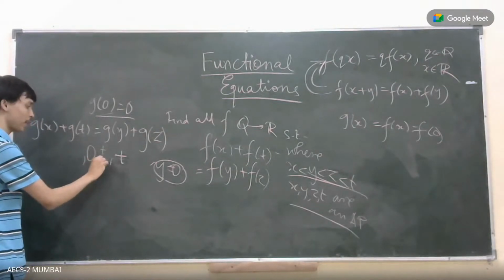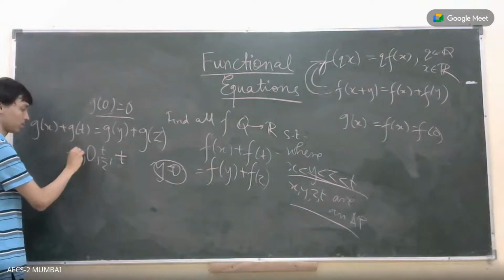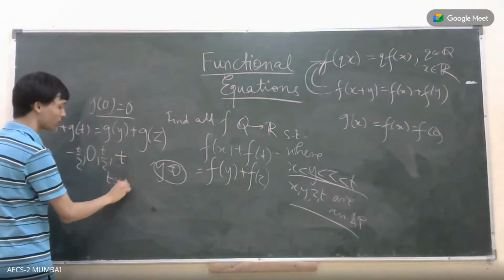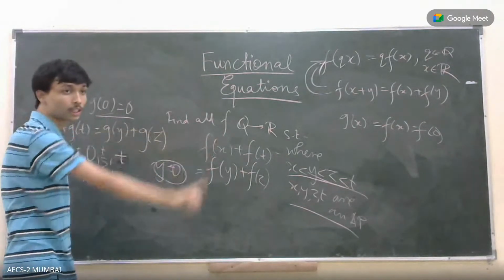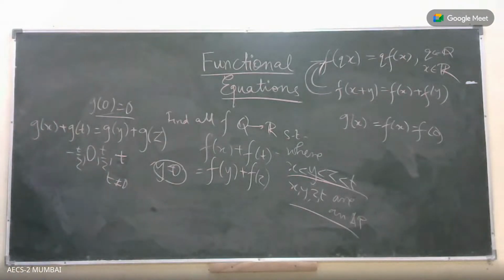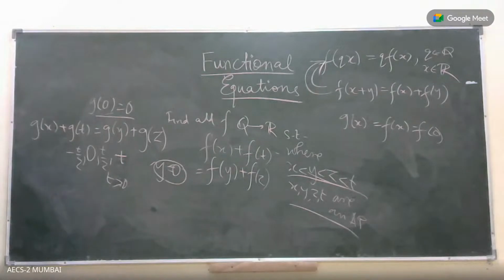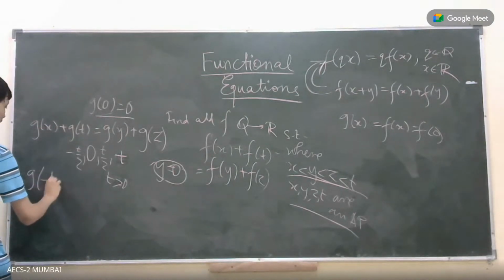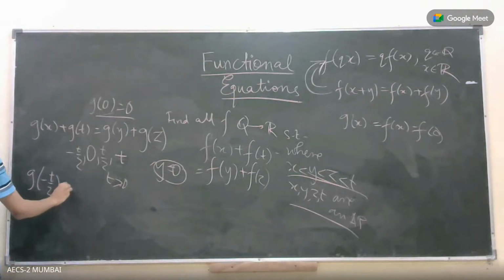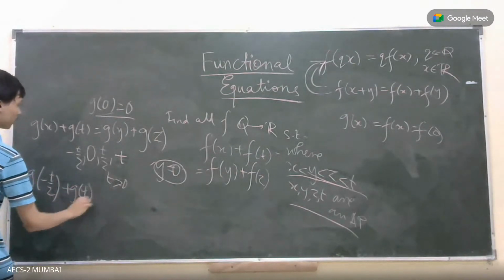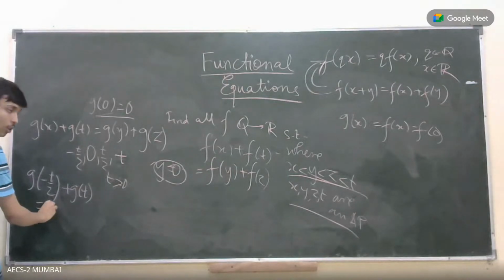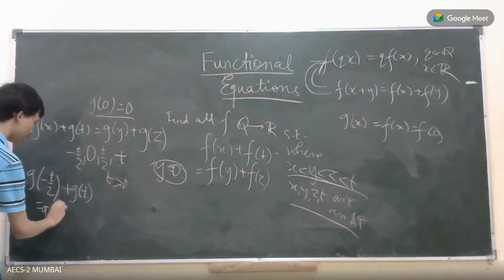Minus t by 2. And here I have to ensure that t is not equal to 0, because basically t greater than 0, so this is strictly implicit. If you put this, what do you get? g of minus t by 2 plus gt equal to g0, which is 0, plus g of t by 2.